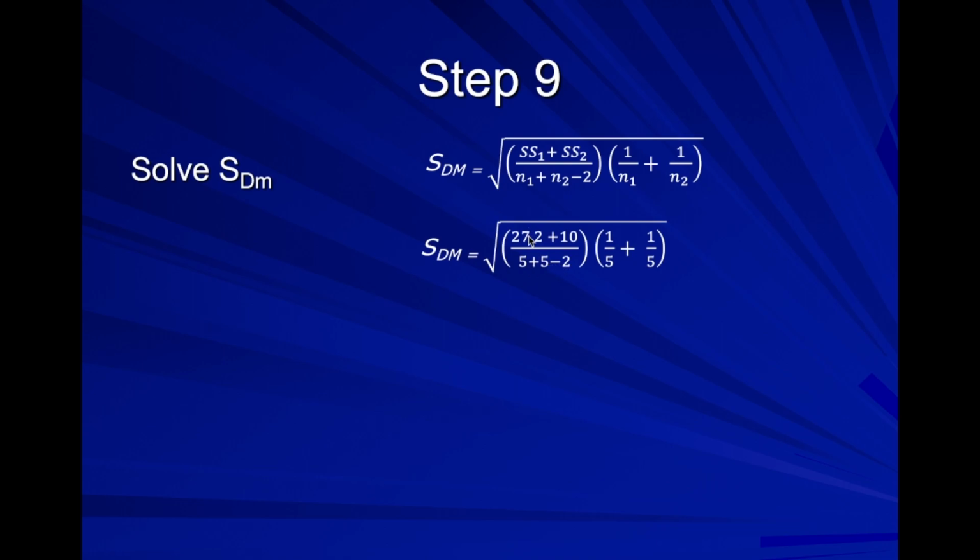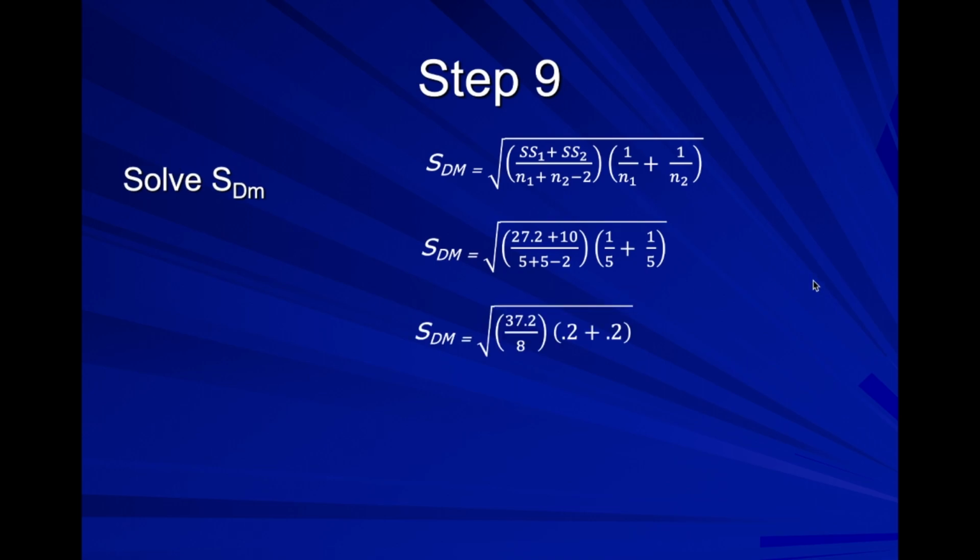So you have 37.2 over 8. And then in this parentheses, you have 1 divided by 5 plus 1 divided by 5. 1 divided by 5 is 0.2, so add those together: 0.2 plus 0.2.